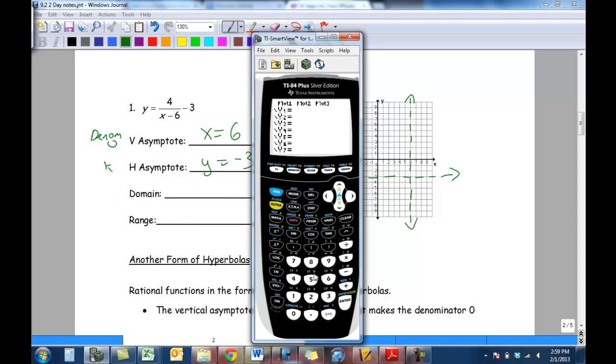So the trick here is you got to put in 4 divided by. Now you want the whole denominator to be inside parentheses. So this is 4 divided by x minus 6, close parentheses, then minus 3. Make sure your denominator is in parentheses. Then press graph.